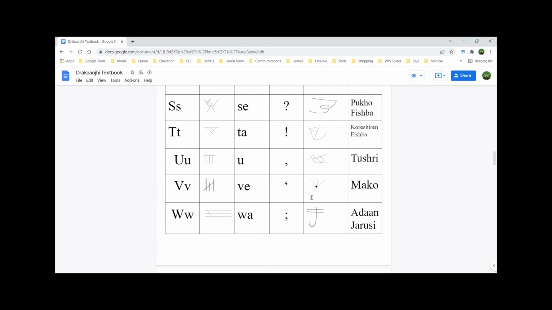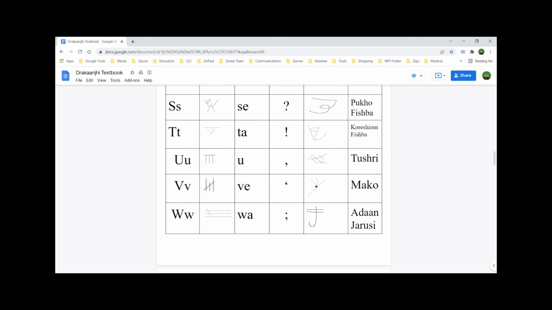But for now, this is an apostrophe, and it's known as a mako, and a unique quality about the apostrophes in Drakaanjhi is that they are also used as quotation marks. If you put two makos together, you will get quotation marks, and that's what they are used in Drakaanjhi. It's similar to how quotation marks function in English as well.